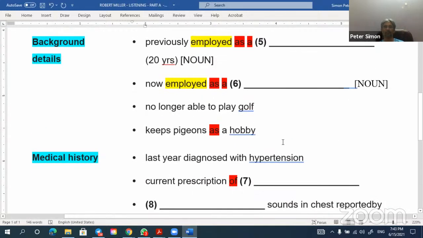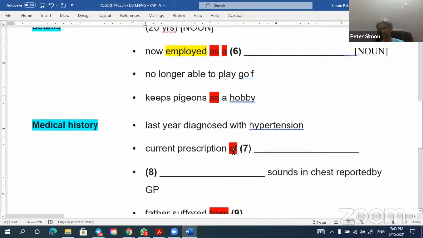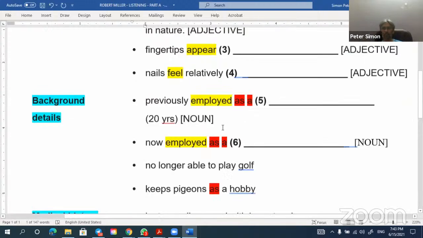Next one. Current prescription of dash. Noun of. A noun. Of noun. Okay. So 2 times A is there.